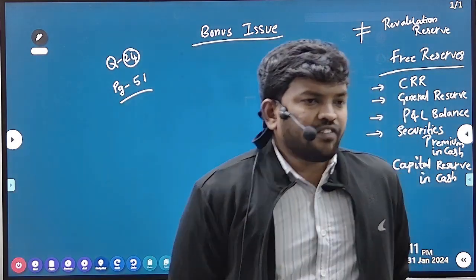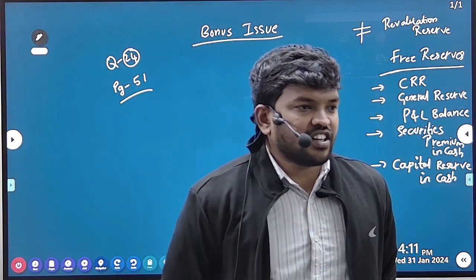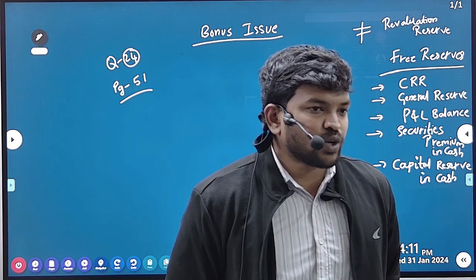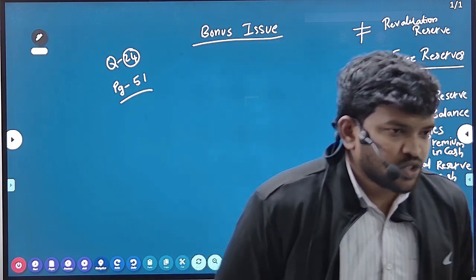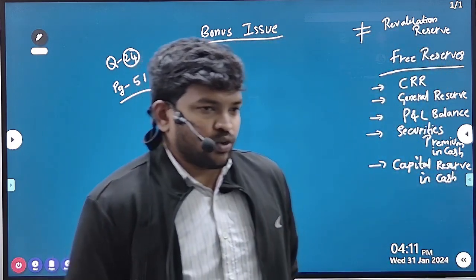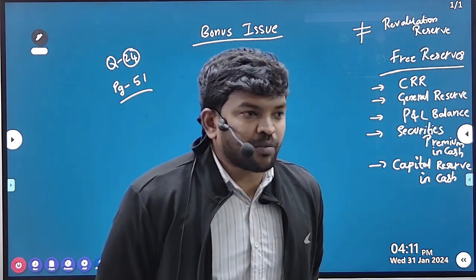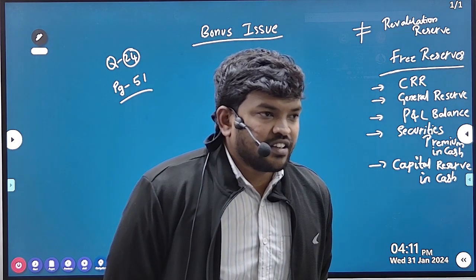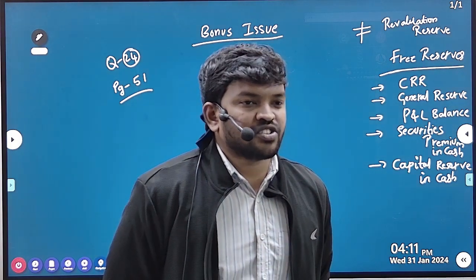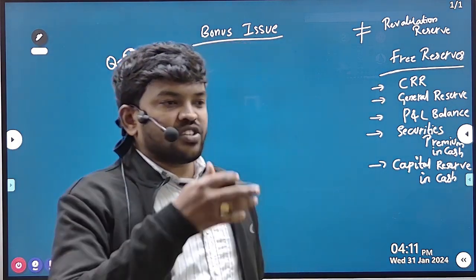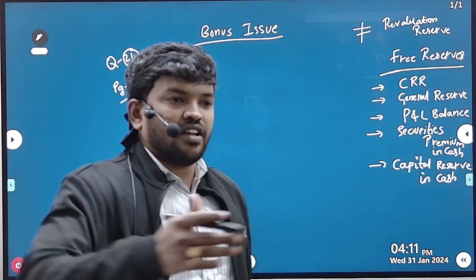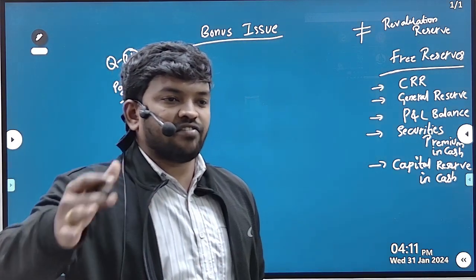You can say for every 4 shares held, 1 share is given as bonus. So 60,000 divided by 4, 15,000. So bonus issue, how many shares? 15,000 shares. Very good. 15,000 shares in number, in rupees, 1,50,000.